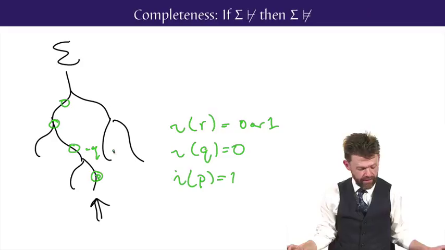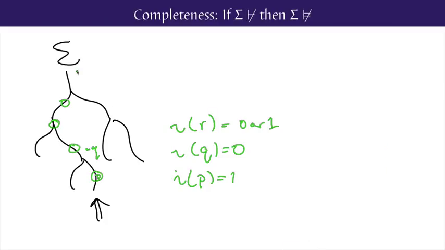Now, everything else in this branch is a complex formula, and since the tree is complete, that formula has been processed. So what we do is we claw our way back up from simpler to complex formulas, from the output of our rules to their inputs, and we show that if the outputs of a rule are true in an interpretation, so is the input. So everything in this branch is true.